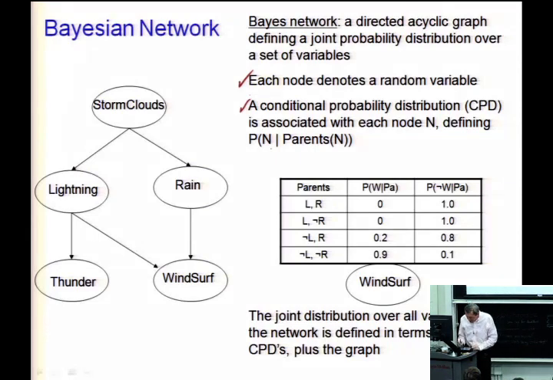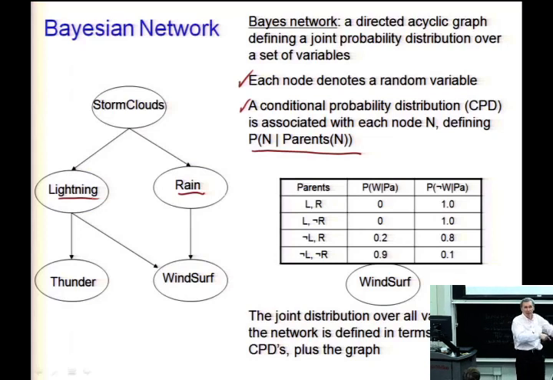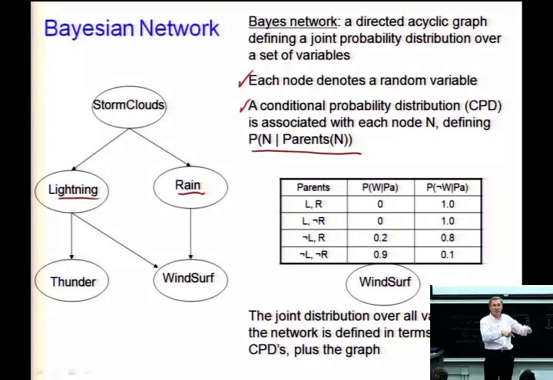And furthermore, that conditional probability distribution, say for node n, gives us the conditional distribution of n given its immediate parents in the graph. And here's one example for the random variable windsurf. And if we go over here and look at windsurf, you can see it has 2 immediate parents in this graph. Lightning and rain are the 2 parents that have directed edges going to windsurf.